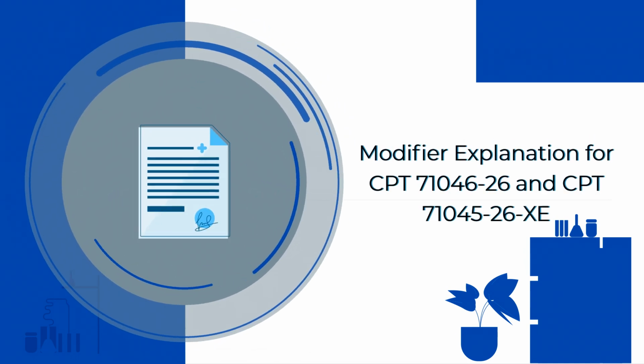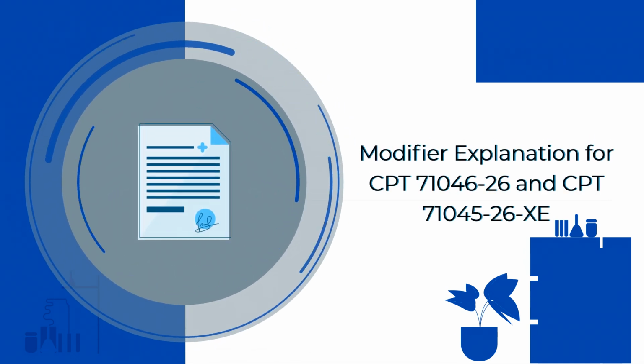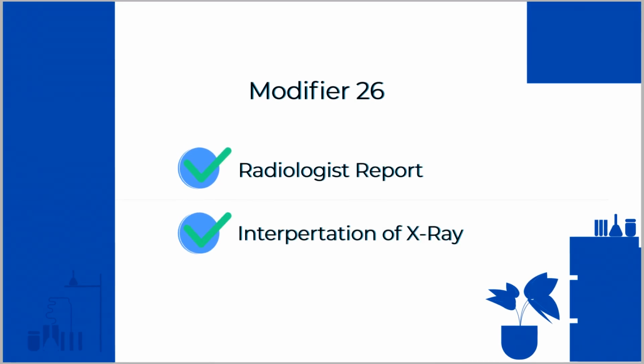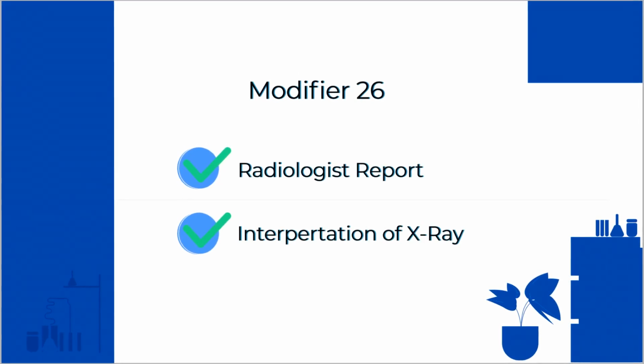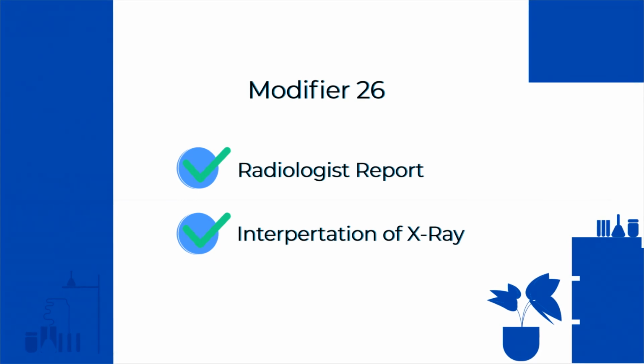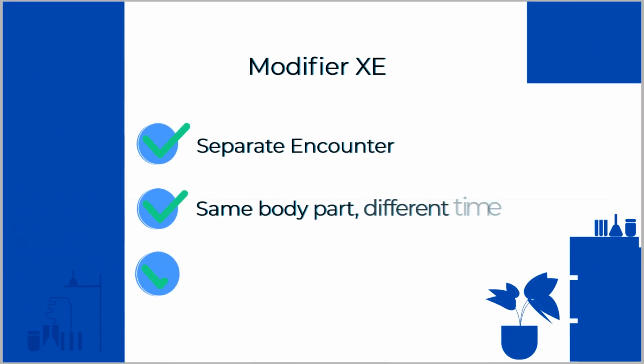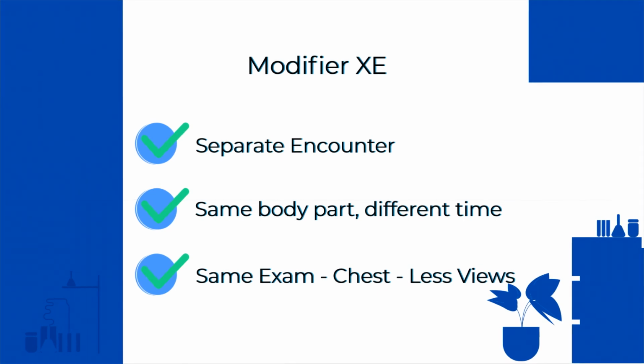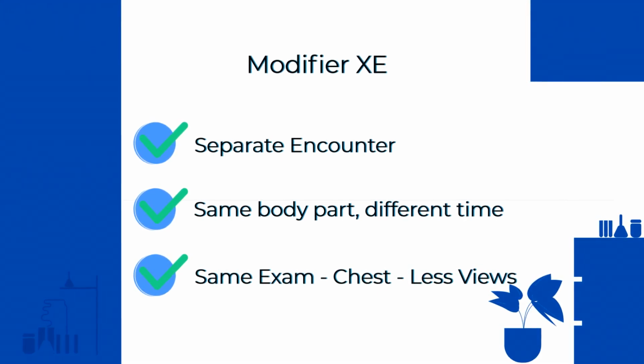Modifier explanation for CPT 71046-26 and CPT 71045-26-XE. Modifier 26 is added to both codes to show the radiologist is only billing for the professional interpretation of the X-ray. Modifier XE indicates the second chest X-ray was done during a separate encounter with fewer views than the first chest X-ray and a change in the patient's condition.